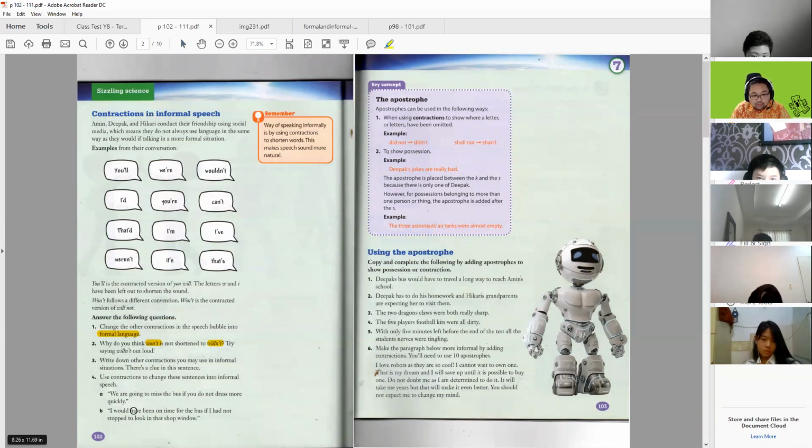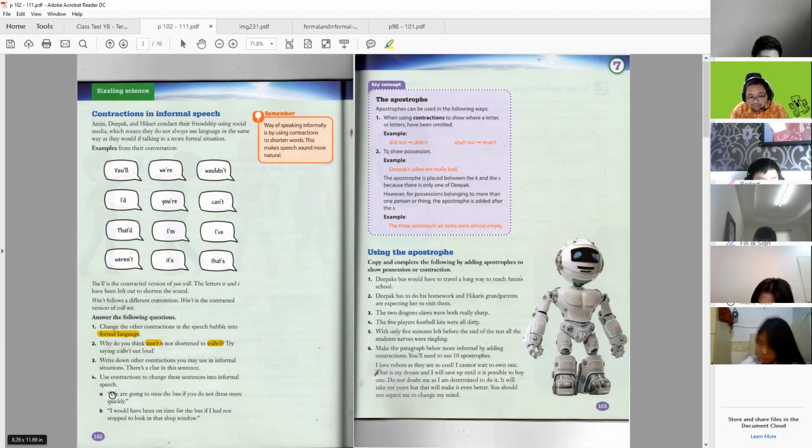We are going to miss the bus if you do not dress more quickly. How to make it informal? Christabel, how do you change it into informal? Your book, page 102.